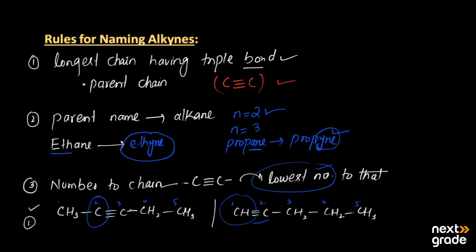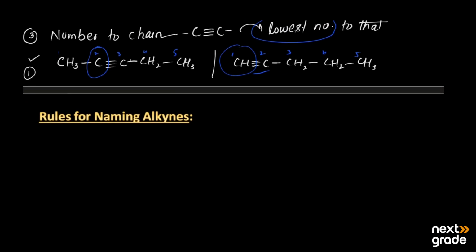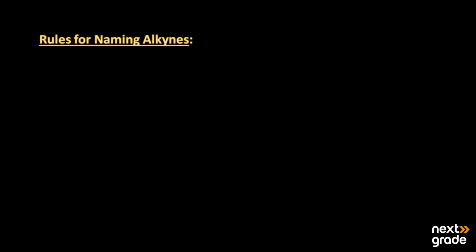Next we have rule number 4, the position of the triple bond. The position of the triple bond must be given a specific number. We will show it with the help of a number, like the position of the triple bond is shown by the numbering of the alkyne. So we have to give the minimum number to the triple bond.